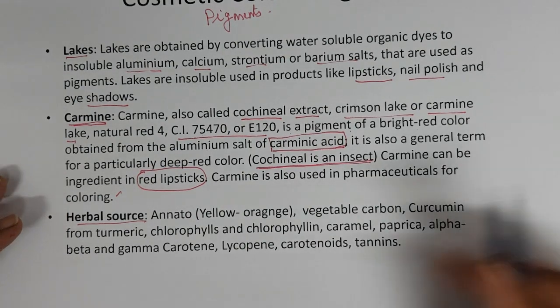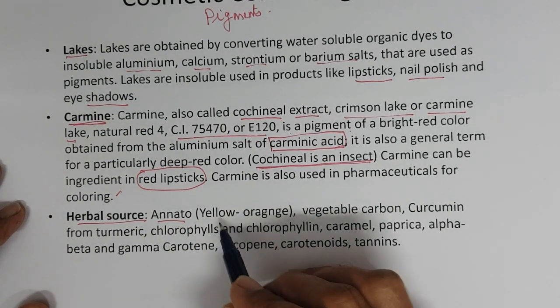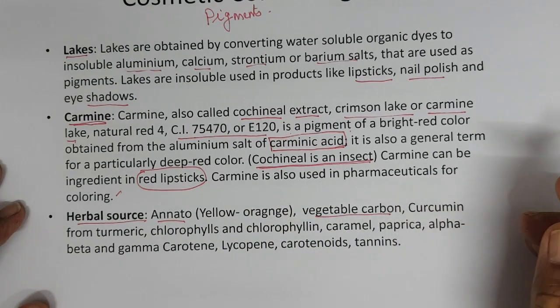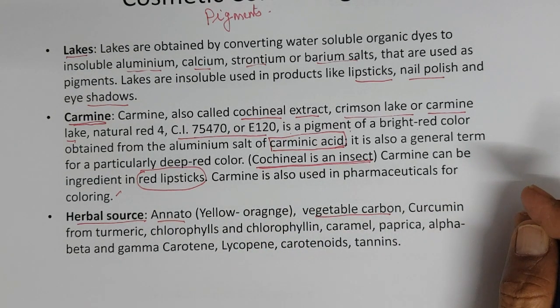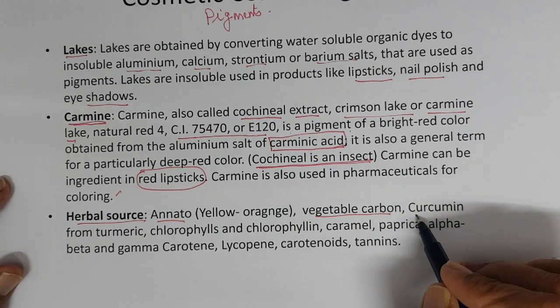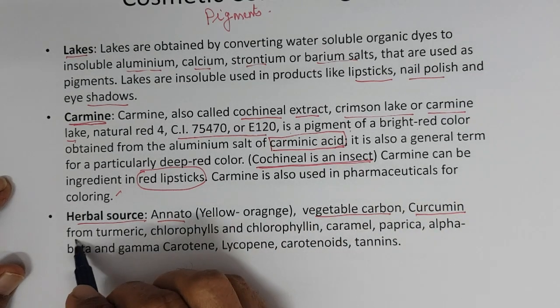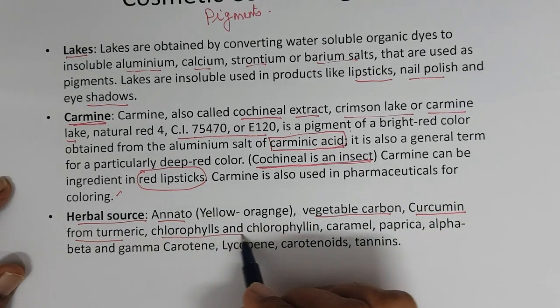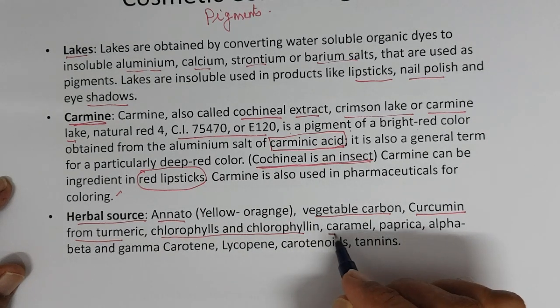What are the herbal sources? Annatto, vegetable carbon. Especially if you burn castor oil, you get carbon. Okay, that is vegetable carbon. Curcumin is the yellow pigment from turmeric. Chlorophyll is the green pigment.